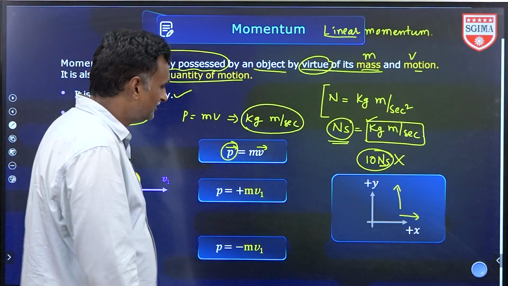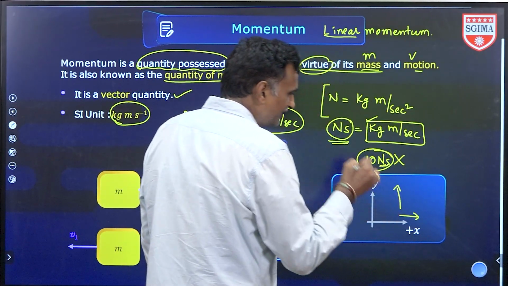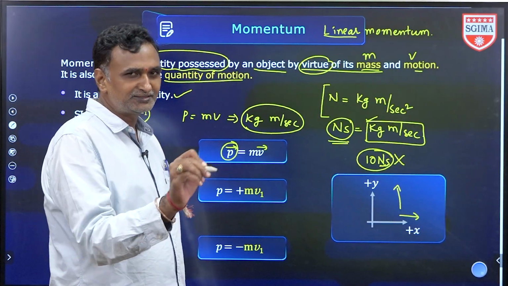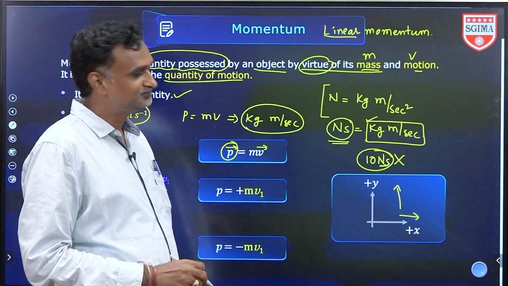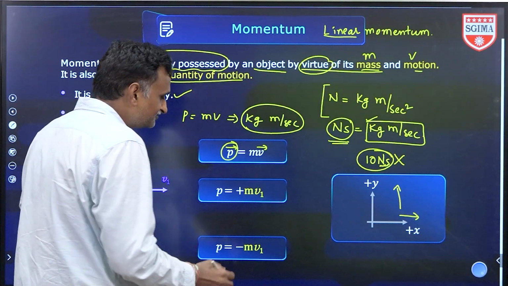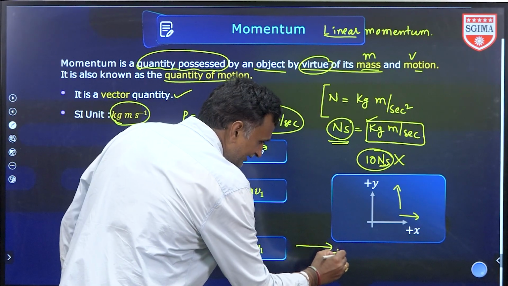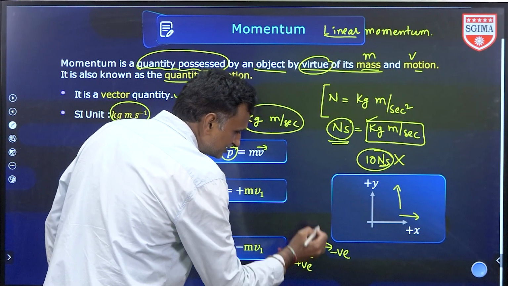So here the sign convention depends on you. You can take any direction as positive, and for the opposite direction you should take negative. Clearly, once again, if you choose right side as negative, then the left side you must take as positive.